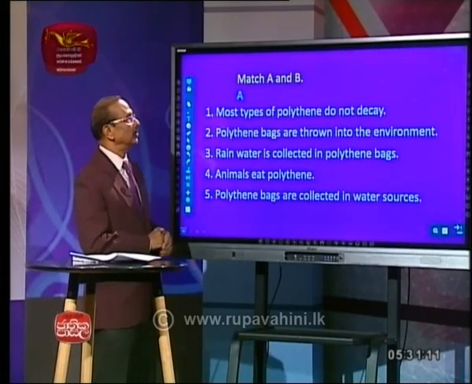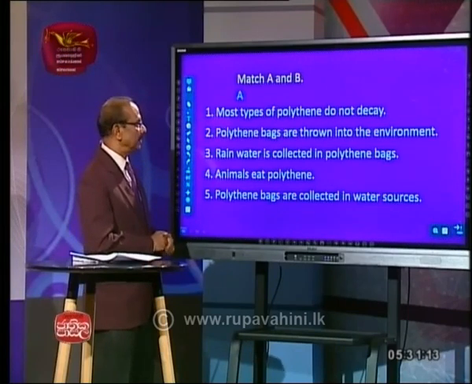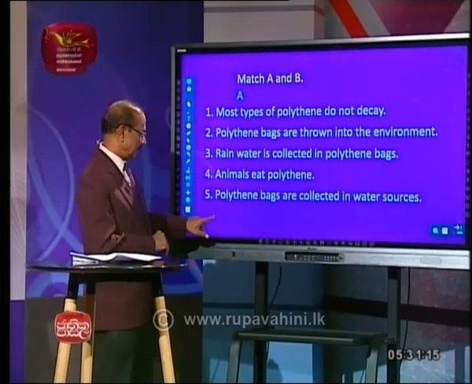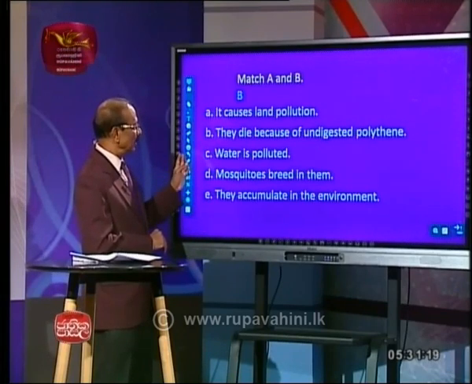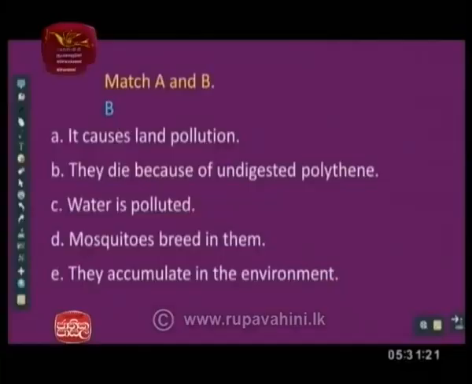Right. Most types of polythene do not decay. Now, what is the sentence we can take from this? So, we can say they accumulate in the environment because they do not decay. Now, we can say it causes land pollution, but in the book, in that interview we find they accumulate in the environment.